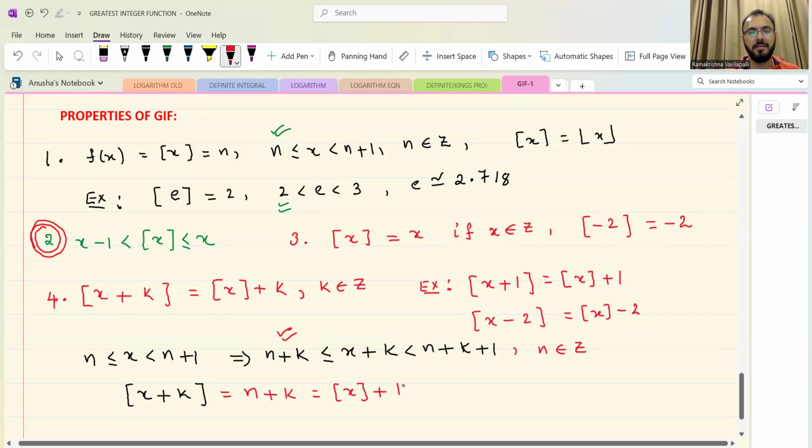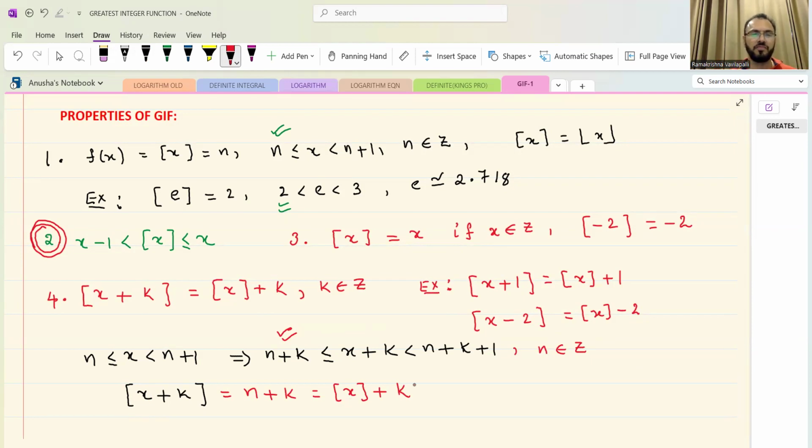Remember, the term integral part of x itself says that the output is an integer. So this property is a very good property, and it is good for simplifying some large expressions.